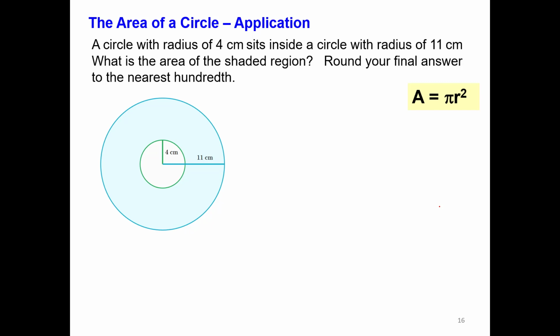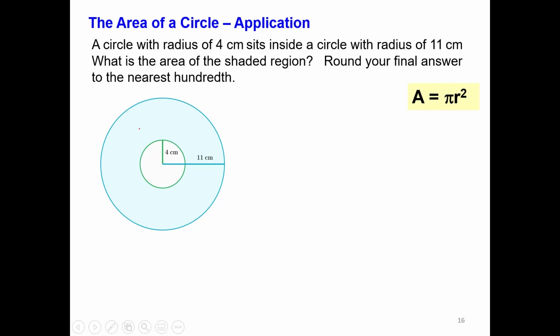Now we want to calculate the area of the shaded region. If we had a circle with radius 4 centimeters, which is the small one, and this circle sits inside of a circle of 11 centimeters, then we want to calculate this area, the blue one.